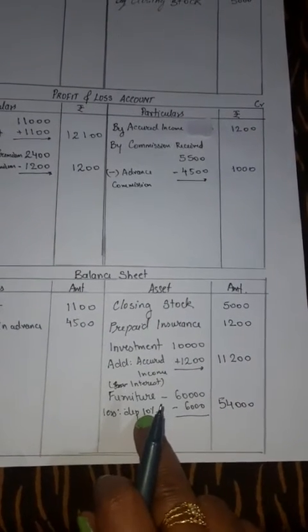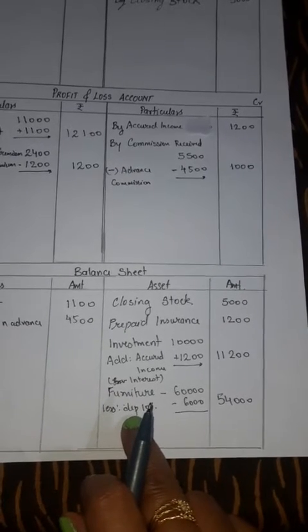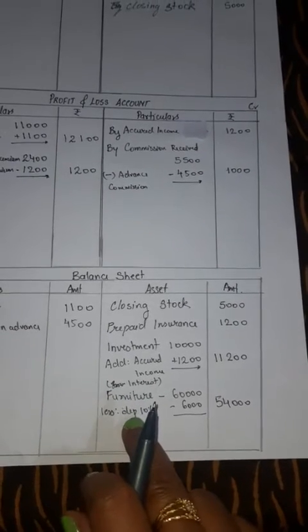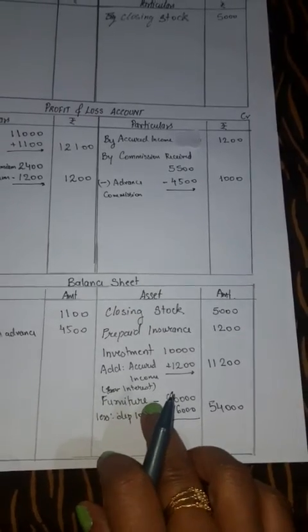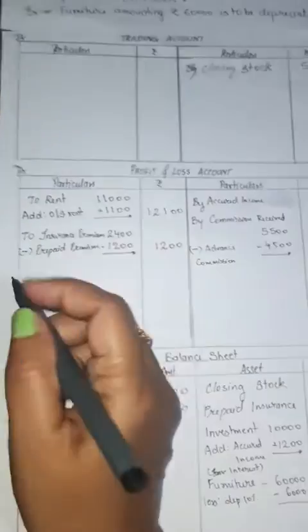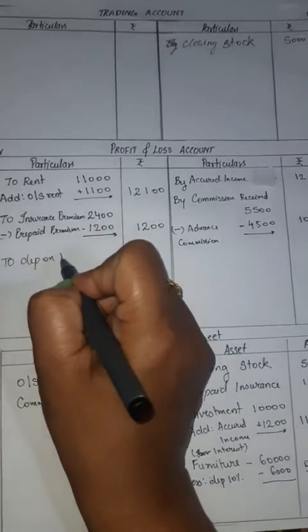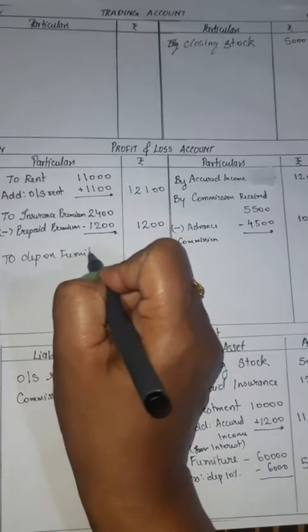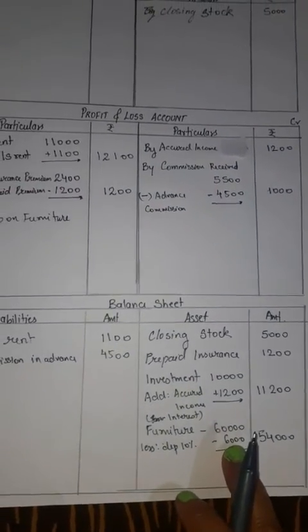Now the second effect of the depreciation is our expenses. The depreciation is an item which reduces the value of our assets. So it will be treated in the debit side of profit and loss account. So here you have to write depreciation on furniture. And the amount which you have to show over here is 6,000.